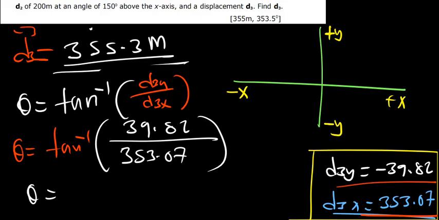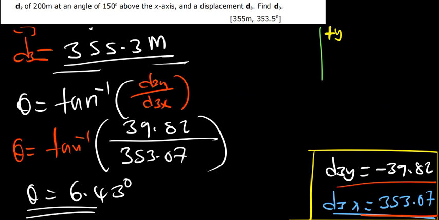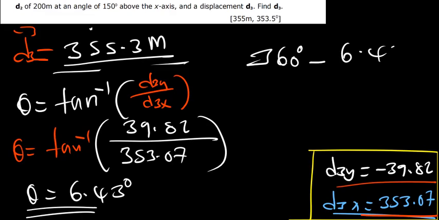So my theta will be equal to, I'll say shift tan, open brackets, 39.82 divided by 353.07. Then I close the brackets. Okay, so I'm getting my angle to be 6.443 degrees. But since it is in the fourth quadrant, remember we're getting the angle from the positive x-axis, so I have to say 360 minus the theta, which is 6.43 degrees.